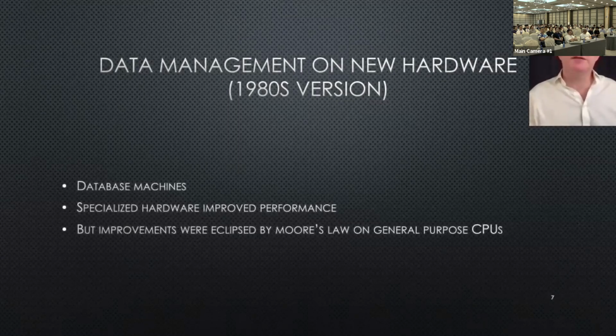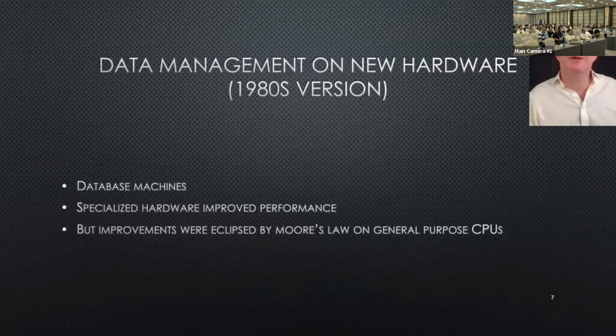In the 1980s, people started thinking about how to design database machines. Could you design a machine that was specifically tailored for database workloads? People, in fact, tried to do this and succeeded to some degree at improving the performance.